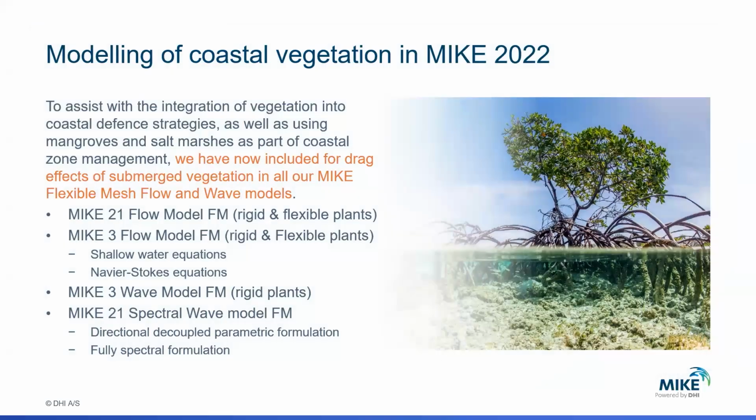Starting with the modeling of coastal vegetation. Well, why is coastal vegetation important? Well, it's a really nice green way, particularly if you combine it with hard engineering, to reduce damage from waves, from intense storms, tsunamis, reduce erosion. Big mangrove forests can help to reduce erosion around the coast.